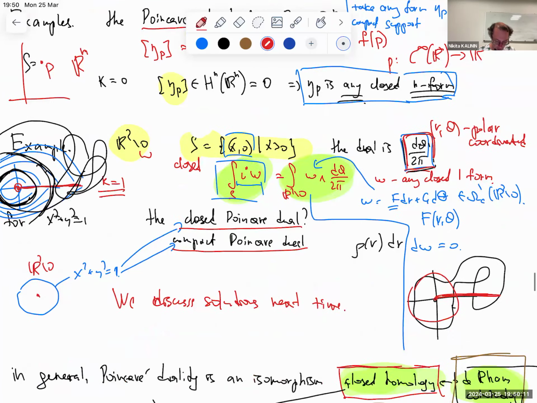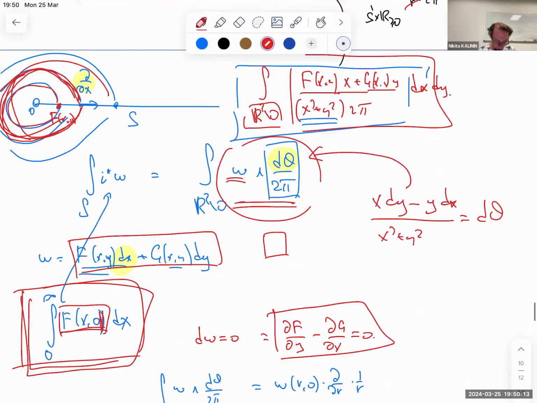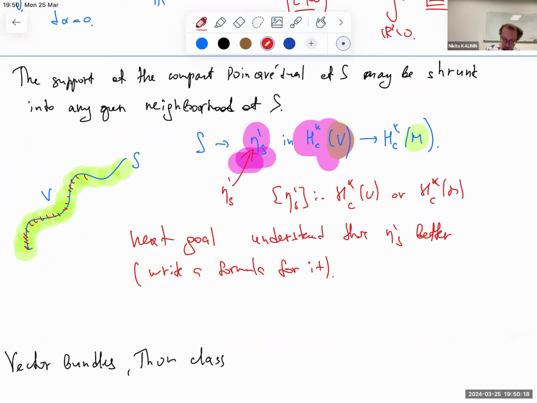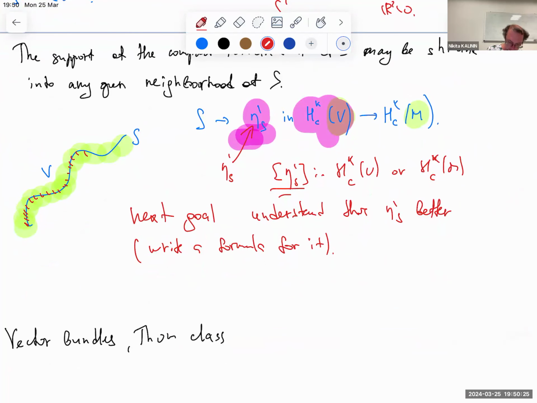But how to do it for a general submanifold? It means that we need to understand how to write this dual for S in the tubular neighborhood of S. So we go to vector bundles, because the tubular neighborhood of a manifold is actually a vector bundle over it. If we understand how to write this dual form for a vector bundle, then we understand how to do it for the neighborhood of S. Is the idea clear?